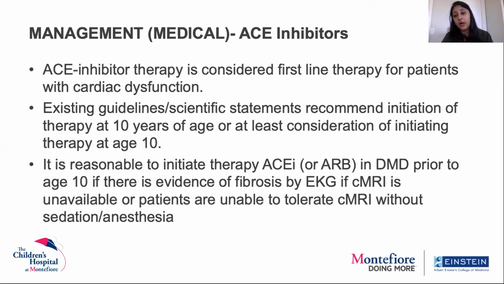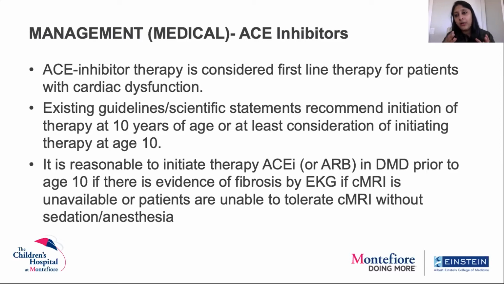We should be starting all of them on an ACE inhibitor as prophylaxis, because studies have shown that we are able to delay the onset of cardiomyopathy in those patients. As I told you, cardiomyopathy in Duchenne muscular dystrophy patients happens at around 14 years of age.